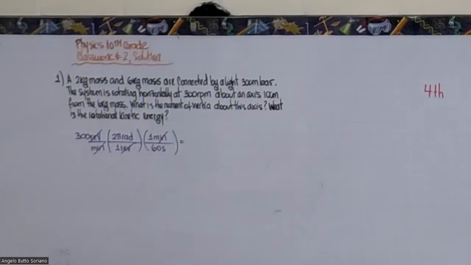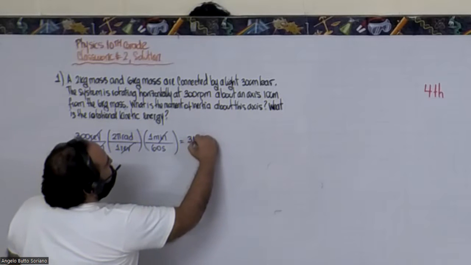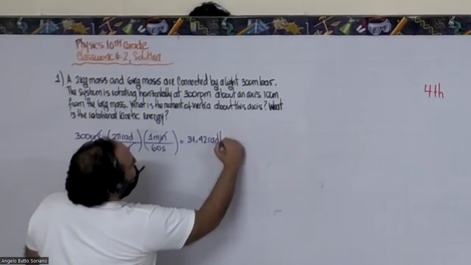So let me multiply those values. We got 300 multiplied by 2 pi and divided by 60, that will be 31.42 radians per second.